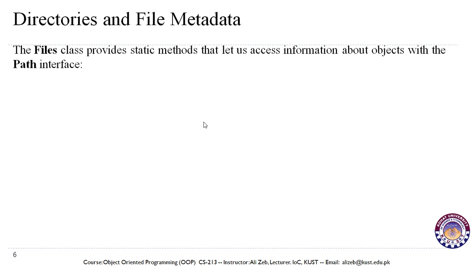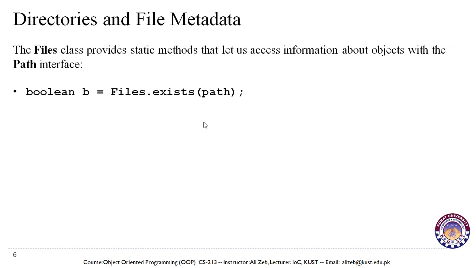The Files class provides static methods that let us access information about objects with the Path interface. So we have another class called the Files class along with the Paths class, and these are the methods that let us access information about objects with the Path interface.